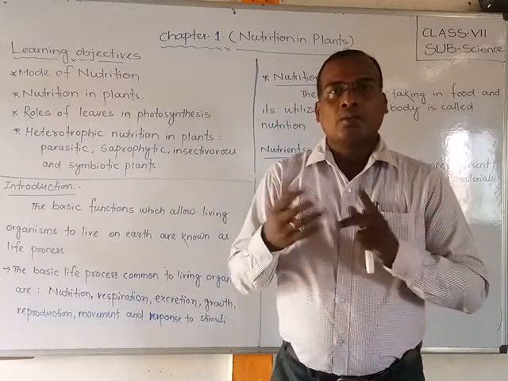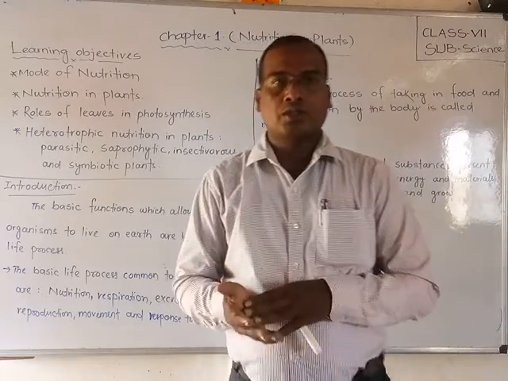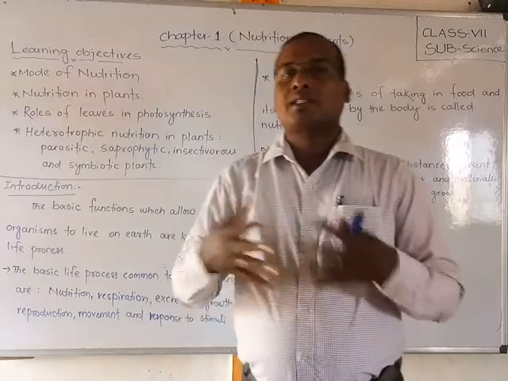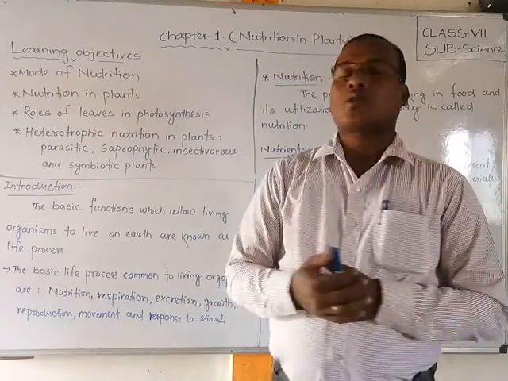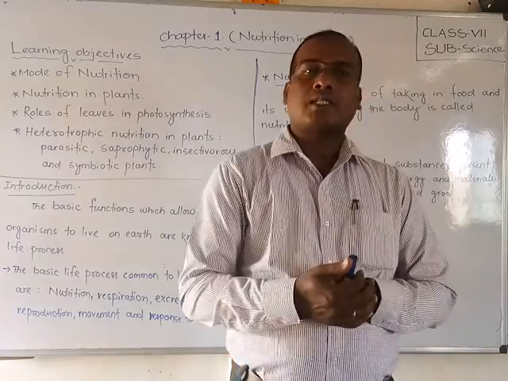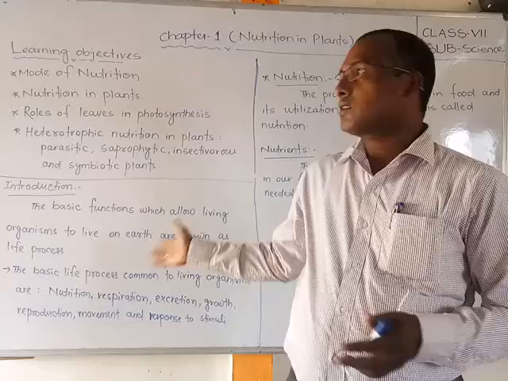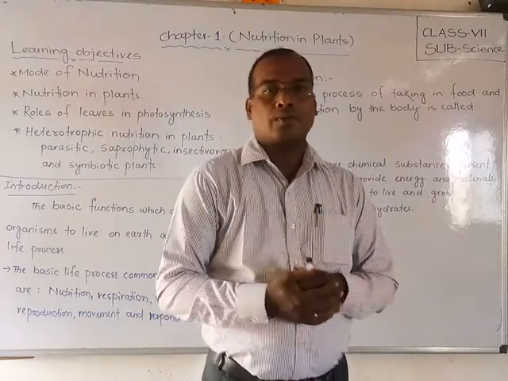First we will discuss the modes of nutrition, second nutrition in plants and how it takes place, and next the roles of leaves in photosynthesis, and what heterotrophic plants are and the types of heterotrophic nutrition. So we will discuss this in this chapter.